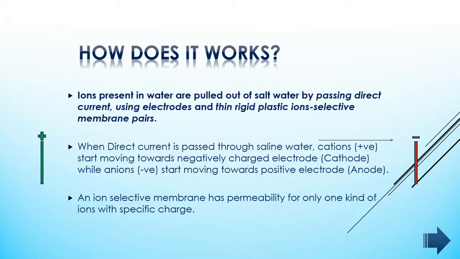And negatively charged ions, that means anions, will get attracted towards positively charged electrode, that is anode. Second one, where ions are separated by using ion selective membranes which can allow to pass only cations or anions through it. We'll understand that better by the help of animation.